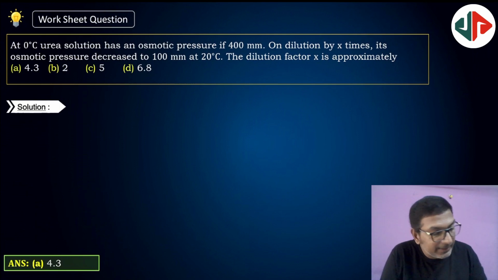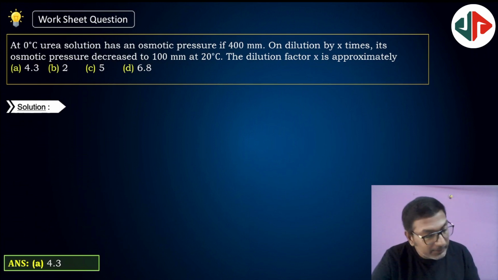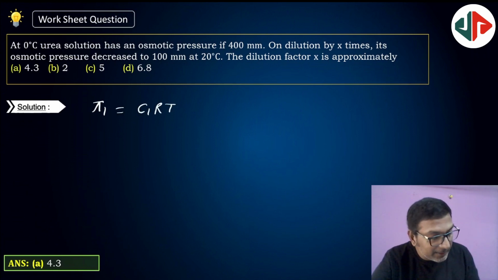At 0 degrees centigrade, urea solution has osmotic pressure 400 mm. On dilution by X times, its osmotic pressure decreased to 100 mm at 20 degrees. The dilution factor X is approximately? Here are two conditions. Take first pi 1 equals C1 R T1, that means 400 equals C1 R, with T1 being 0, that is 273.